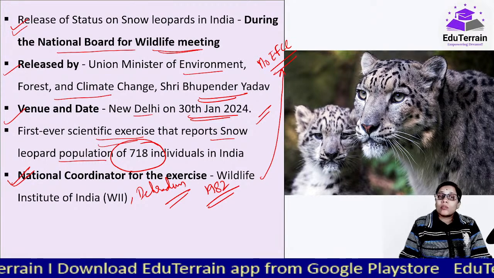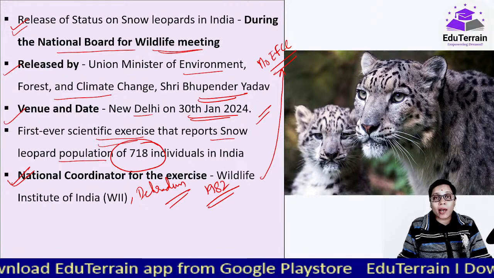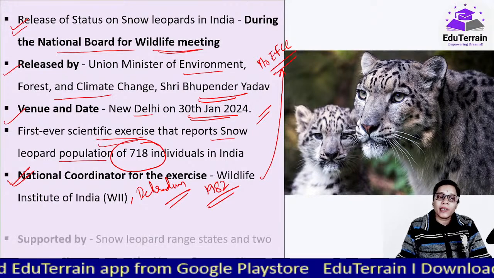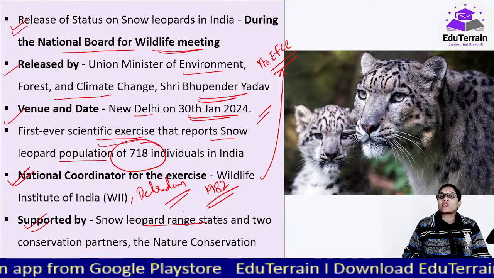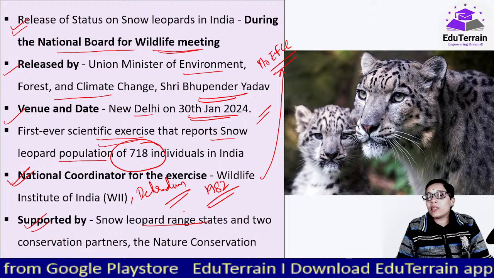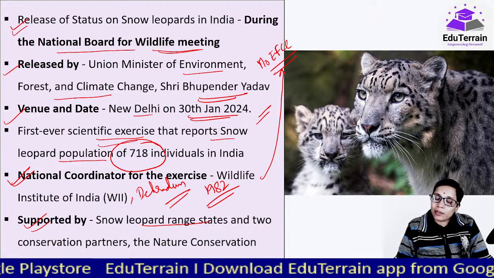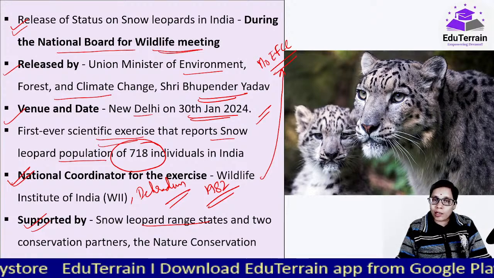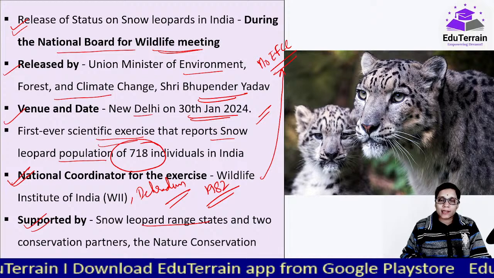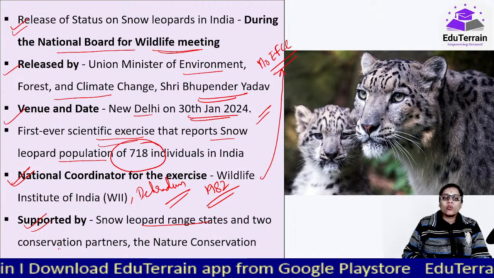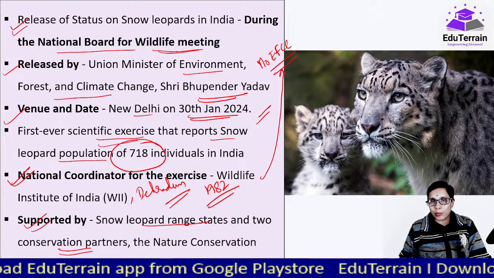Now, is this the only body that has done the entire thing? It can't be possible. They should have taken the help of someone, right? So it is supported by the snow leopard range states, that is, whichever states in which these snow leopards can be found in India. Those states have also helped the WII in this assessment. Along with that, two conservation partners have participated in this entire process.